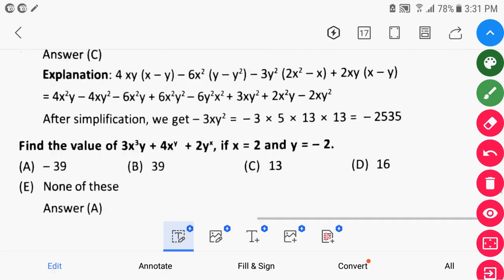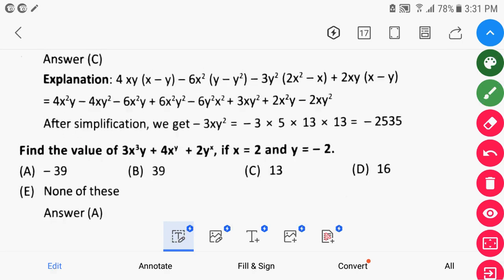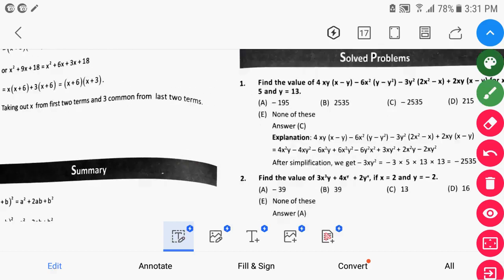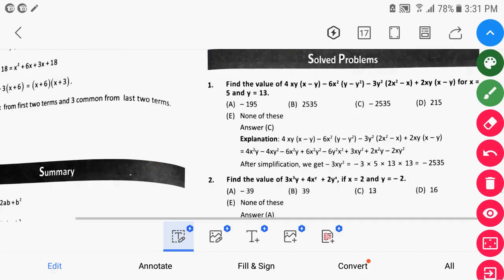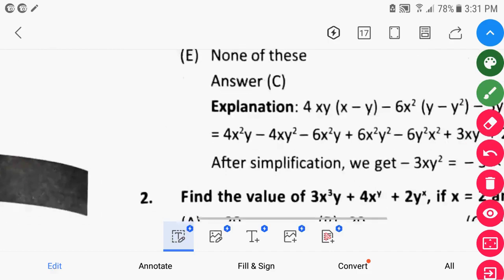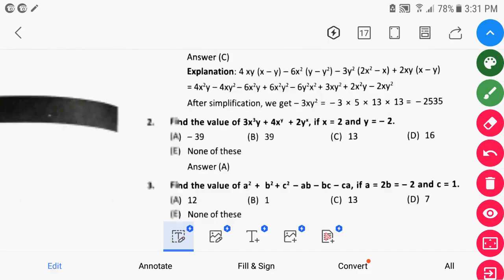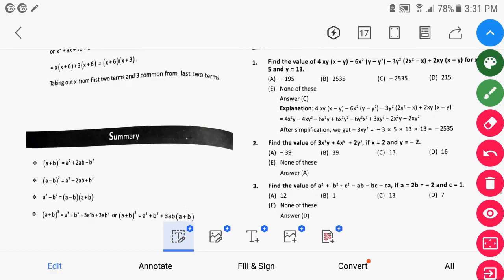Now here we can't simplify it, so we just put the values inside it.